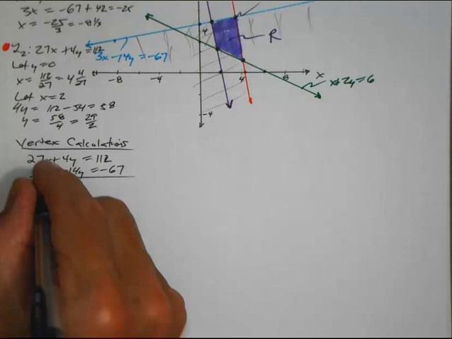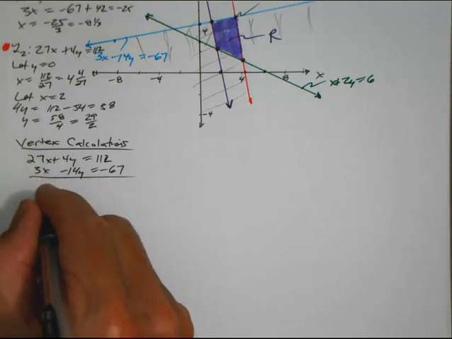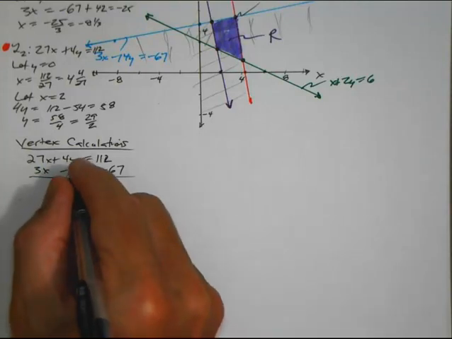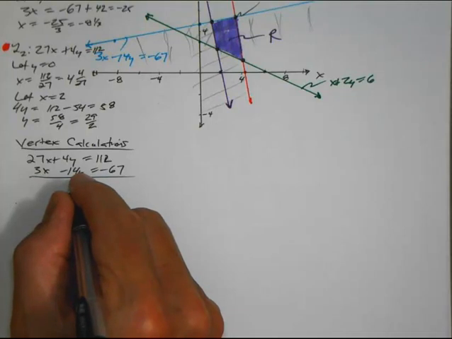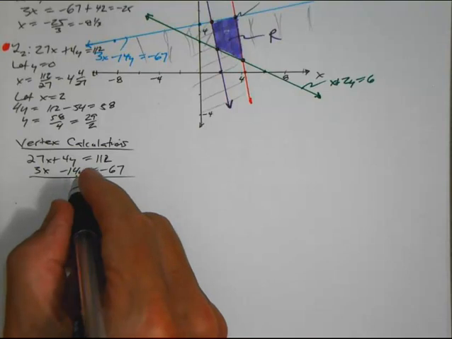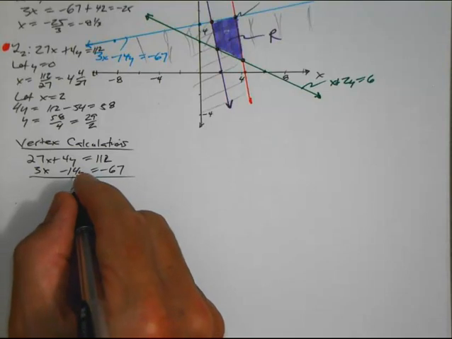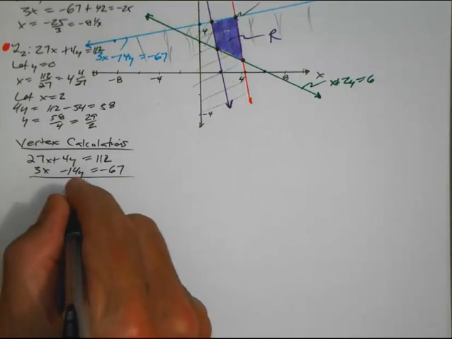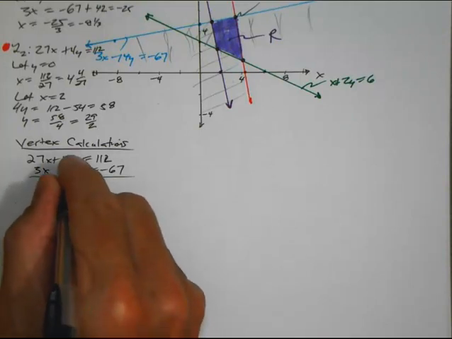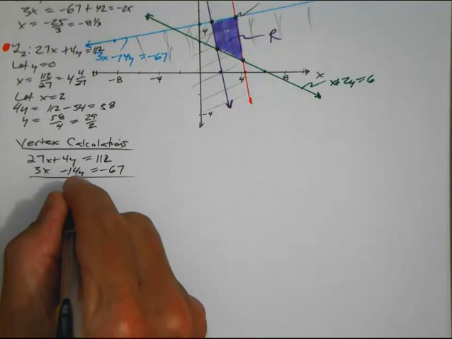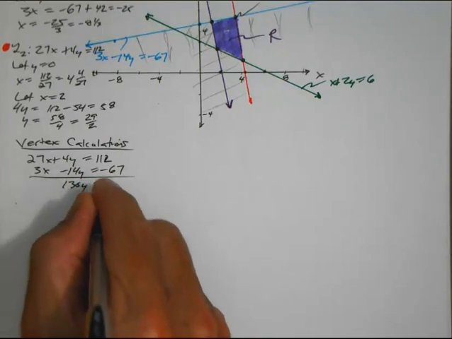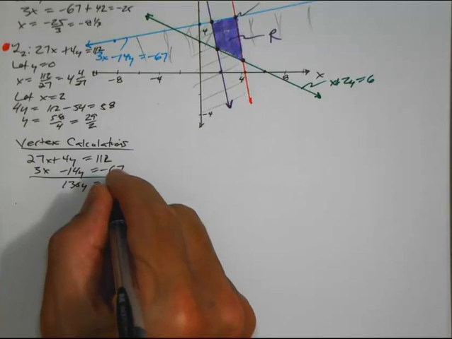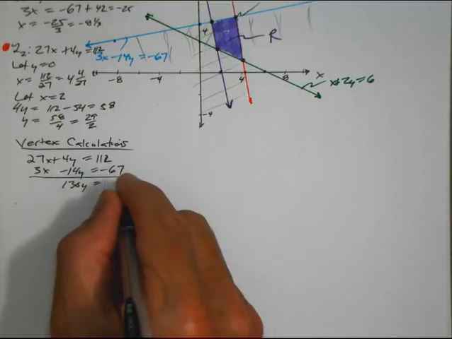So 27x minus 9 of these, no x's left over. Now 4y, subtract 9 of these, that means add 9 times 14. Okay, let's see, 10 times 14 is 140, so 9 of it would be 126. So this will give us 126 plus 4 is 130y equaling, subtracting 9 times negative 67 is adding 9 times 67.